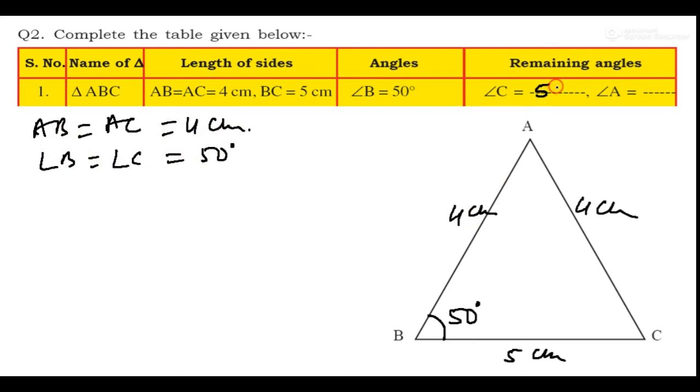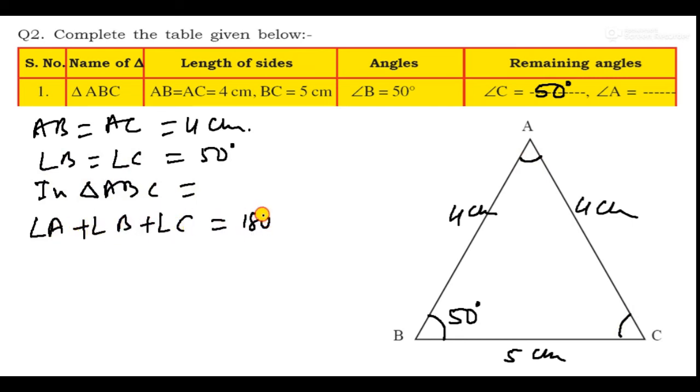So angle C you can fill, it is 50 degrees. What will be angle A? So how can we find the angle A? As you know, in triangle ABC, what will happen? Angle A plus angle B plus angle C is equal to 180 degrees.